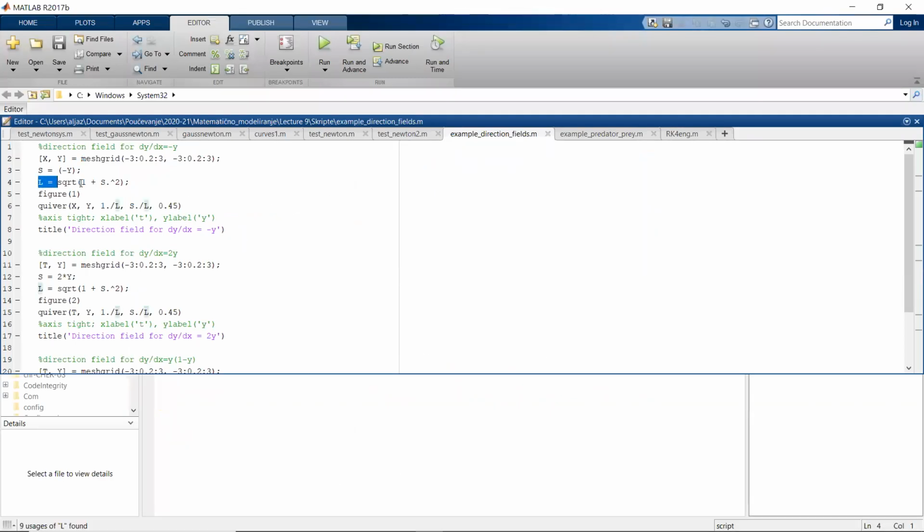These are the lengths of the vectors. And this function, quiver, is designed exactly to draw direction fields. The first components are x's, the second components are y's, and then the third and the fourth components are the slope vectors: the first components of the slope vectors, and the second components of the slope vectors.